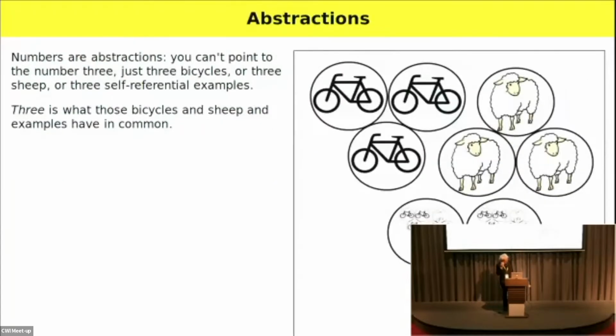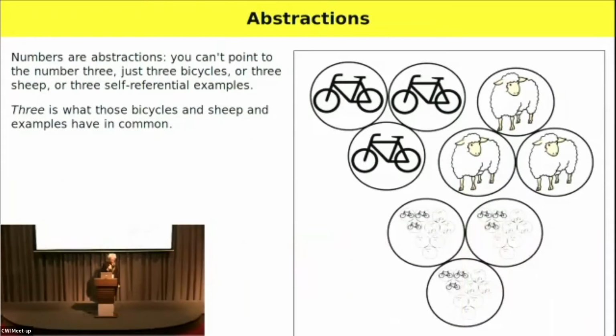Now, what are abstractions? You may have seen this slide before. For instance, numbers are abstractions. You can't point to the number 3. You can talk about 3 bicycles or 3 sheep or 3 self-referential examples. And 3 is what those things, those bicycles, sheep, and examples have in common with each other.